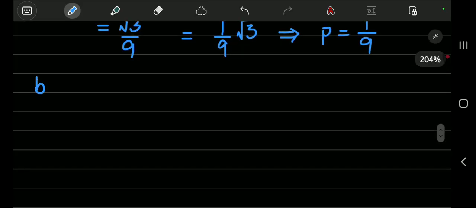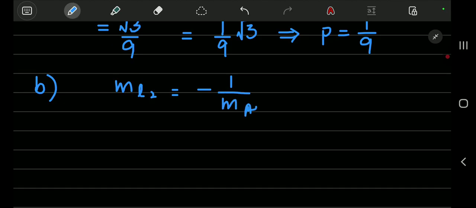For part B, the slope of your line L2 will be equal to -1 over the slope of AB, as L1 is perpendicular to L2.